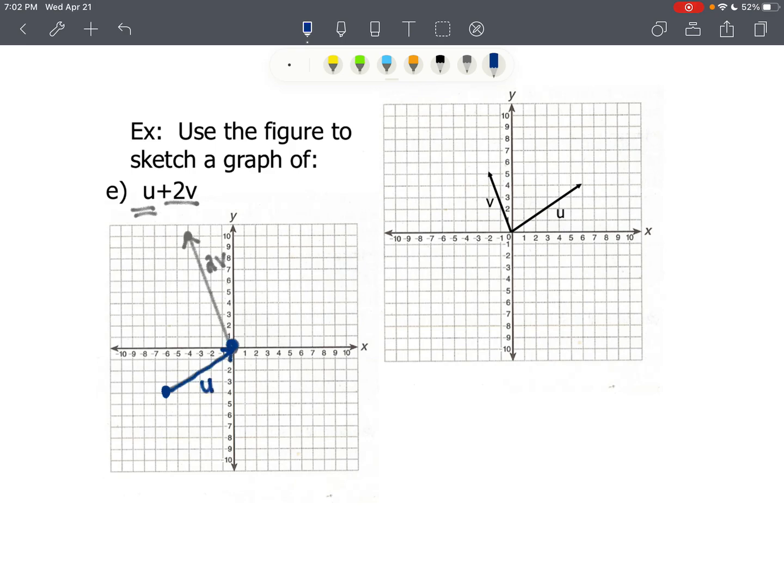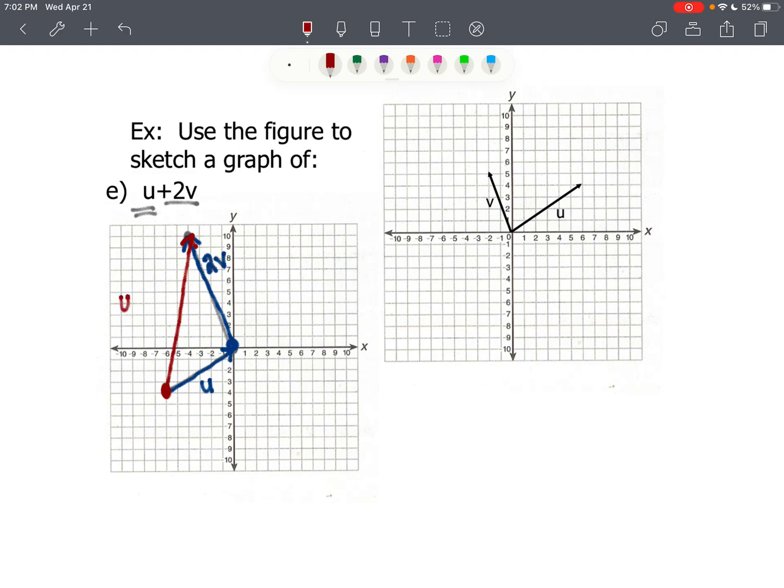That's u, and then initial to terminal, that's 2v, and the sum will go back to the original initial point, and it will end at the terminal point. And it's going to end at that terminal point, which is negative 4, 10.